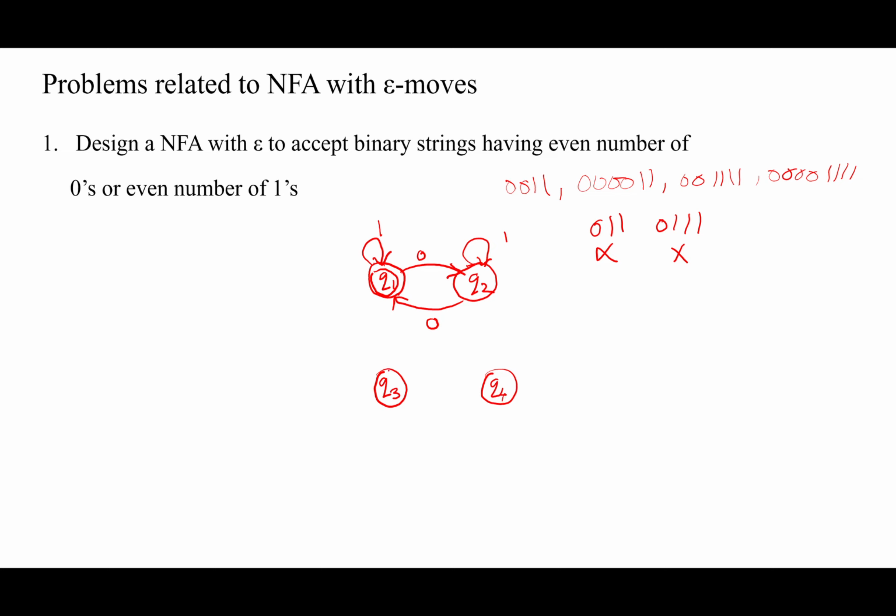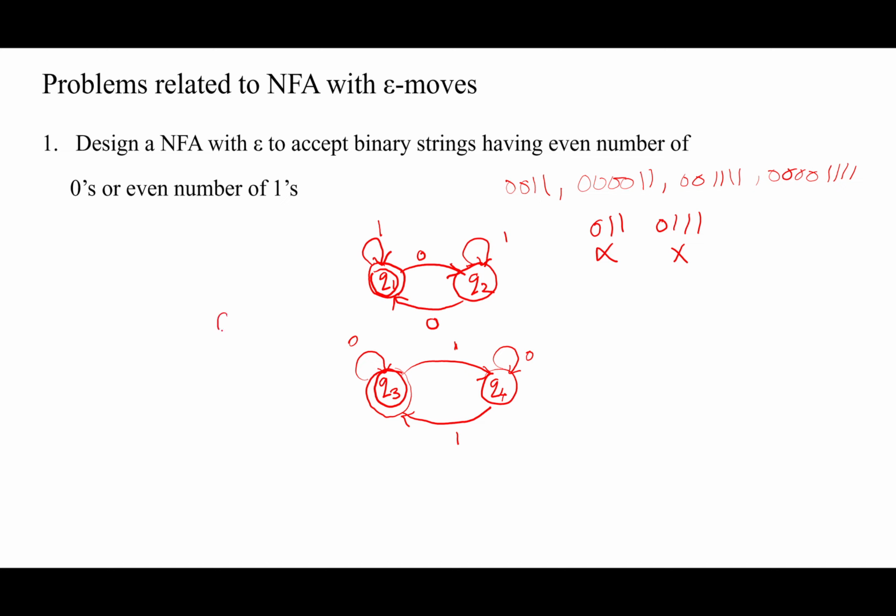Same as before, we make Q3 a final state, with the transition for the input symbol 1, and here also the transition for the input symbol 1, and we can have multiple zeros here, the 0. Then we have to combine this. How are we going to combine?